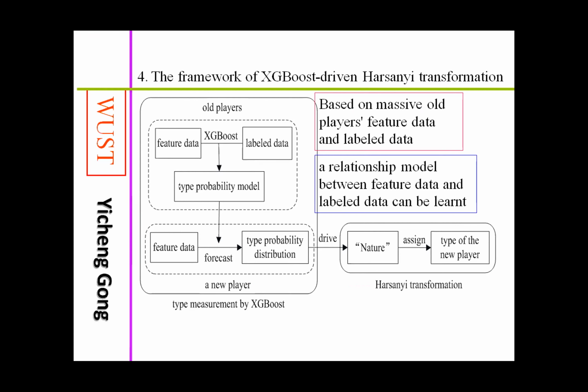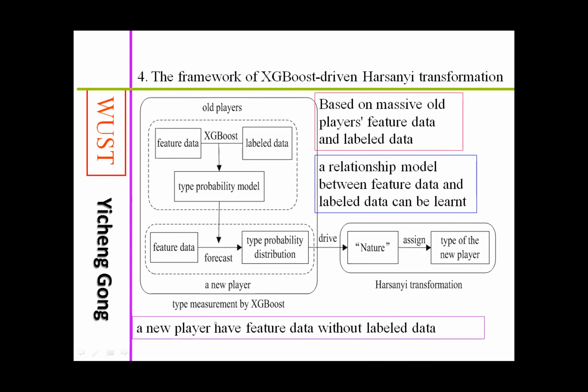And based on the type probability model, we can predict a new player. For a new player, we can get just the feature data, for example, his education level, his salary or his city, but we don't know the type, whether he will pay off the credit or not.